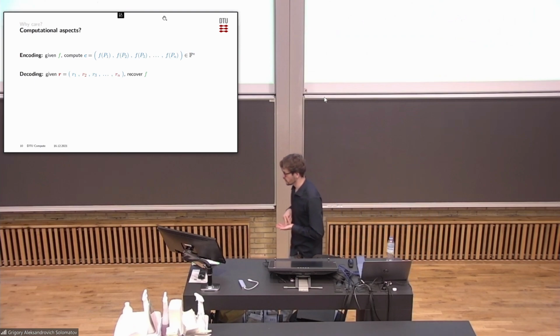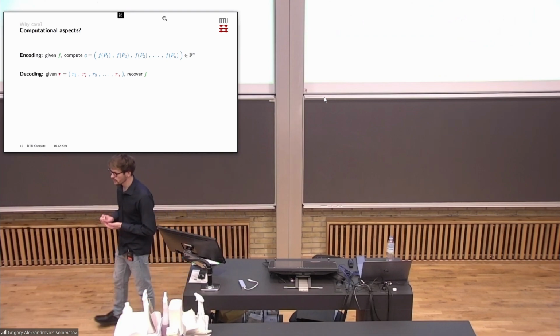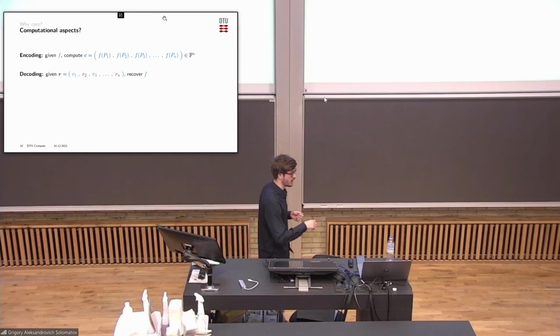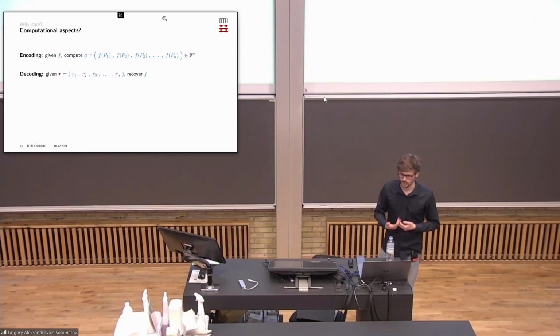The two main computational problems that are related to algebraic geometry codes are encoding and decoding. The problem of encoding we have discussed a little bit already. It consists of taking a function, in whatever way it is represented, and evaluating it at many points.